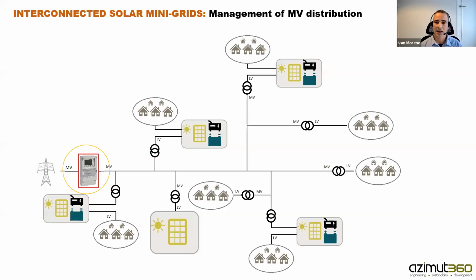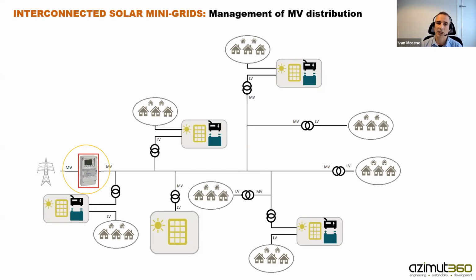In the next slide, we have another model of interconnected solar mini grids, which is the management of a medium voltage distribution. This is a model that is an evolution of several mini grids that have been progressively interconnected to the main grid, and then it's possible to come to this model of medium voltage distribution management.